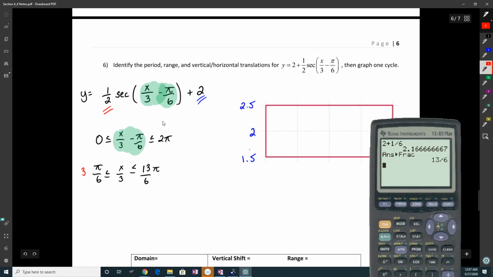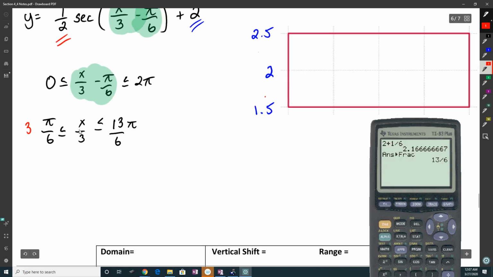What happened? There we go. I got scared for a minute. I thought I lost everything. So times 3 times 3. I think I'm hitting the keyboard by accident and it's zooming everything out. So this gives us pi over 2 less than or equal to x less than or equal to 13 pi over 2.